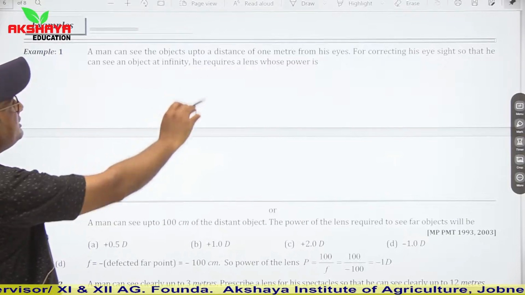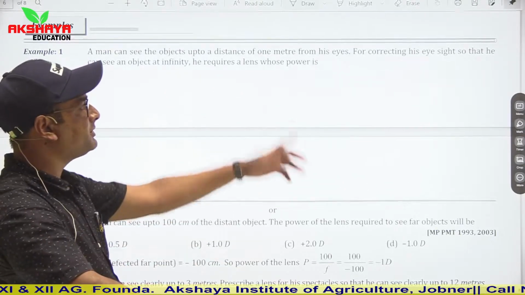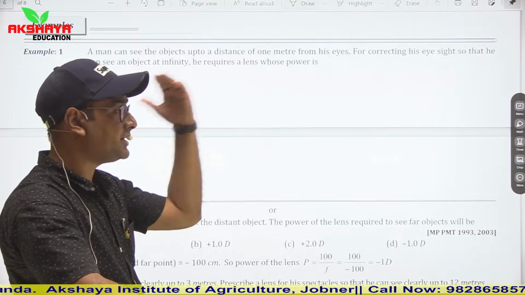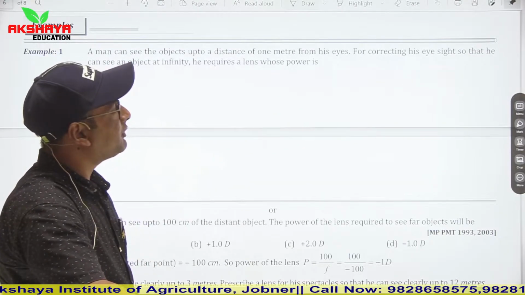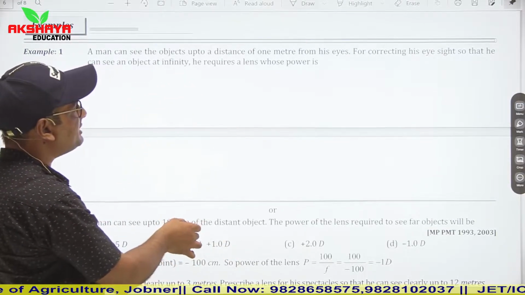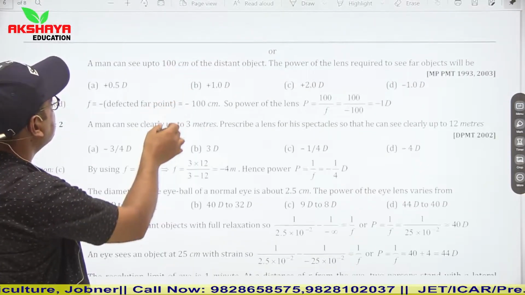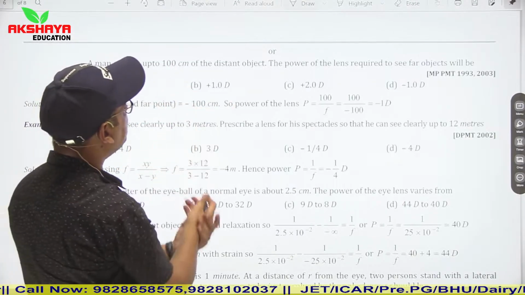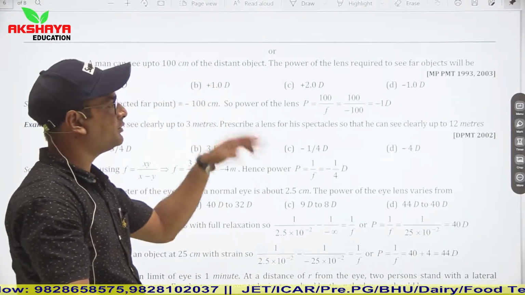A man can see objects up to a distance of 1 meter from his eyes. For correcting his eyesight so that he can see an object at infinity, he requires a lens whose power is? The man can see up to 100 centimeter or 1 meter, both are correct.